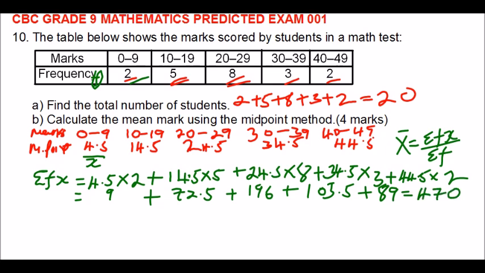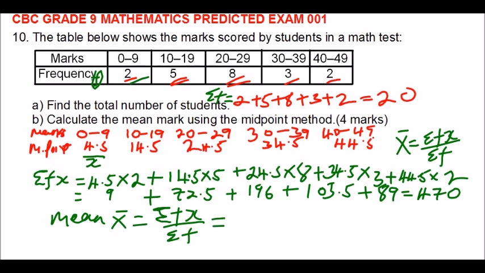So x bar, or if you have not known that, you can just say mean, is equals to, we have said it's a summation of fx divided by the summation of f. This is the summation of f, the number of students.